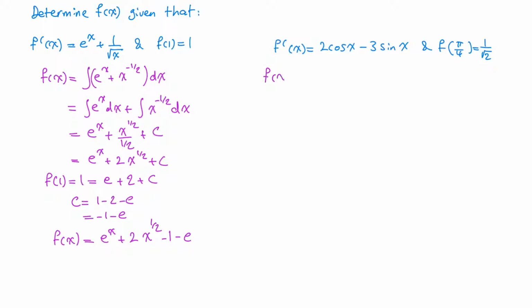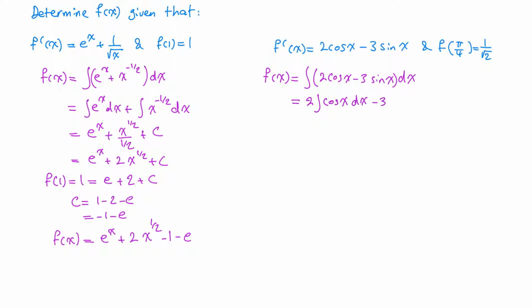So f of x can be written as the integral of 2 cos x minus 3 sine x with respect to x. So let's separate things. So I get 2 integral of cos x dx minus 3 integral of sine x dx. Forgot my dx, so I will actually erase this.